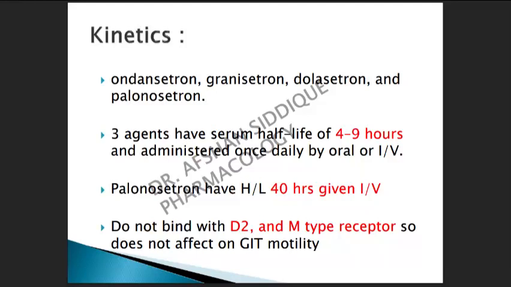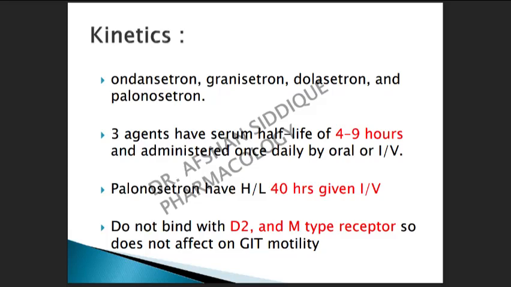Now come to the kinetics. If you check, there are 4 different agents which are listed in 5-HT3 antagonists, and the well known is ondansetron. 3 agents among the 4 have serum half-life of about 4 to 9 hours. This is the more prolonged action, and how? When it is administered orally or IV once a day.